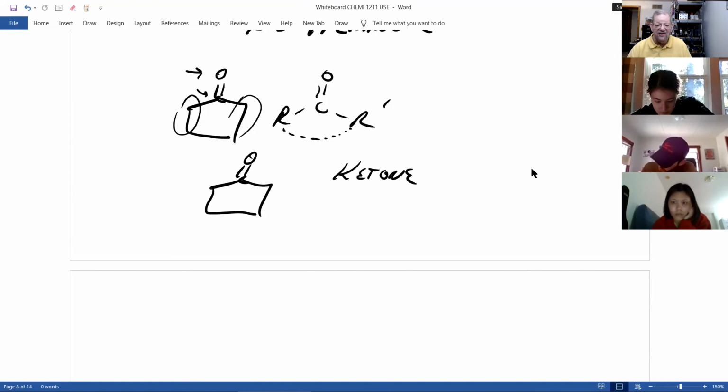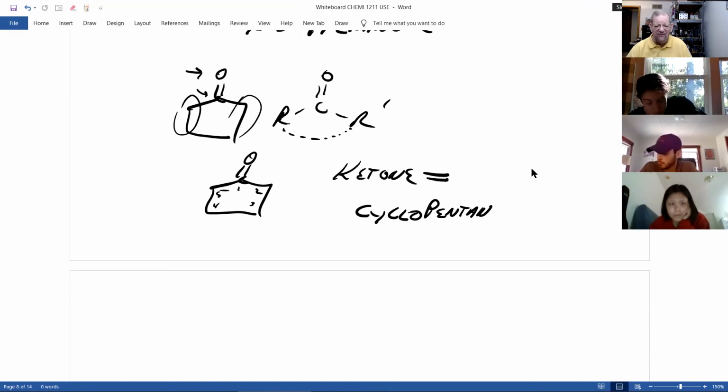Well, the ring is your base name, cyclo, and there are 5 carbons. Every bend in a line is a carbon, and that would be pentane, cyclopentane, but it's a ketone, so I drop the E and add ONE, cyclopentanone.